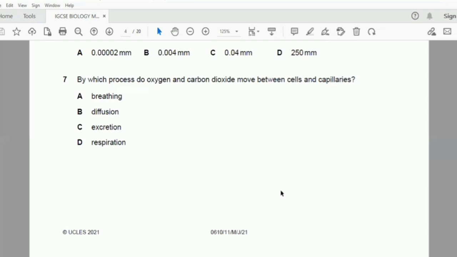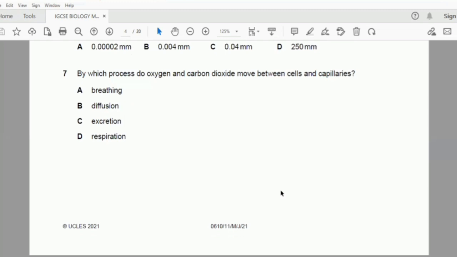It can't be respiration, the breakdown of glucose to give us energy. So the answer is diffusion, the movement of particles, molecules. Gases move by diffusion between the cells and capillaries, oxygen diffusing and carbon dioxide diffusing. So the answer is diffusion, which is B.